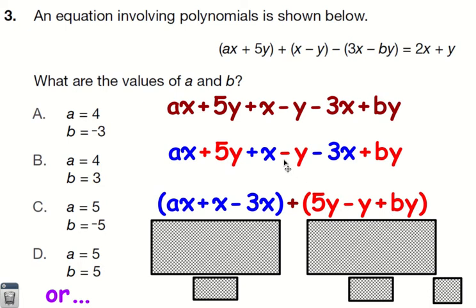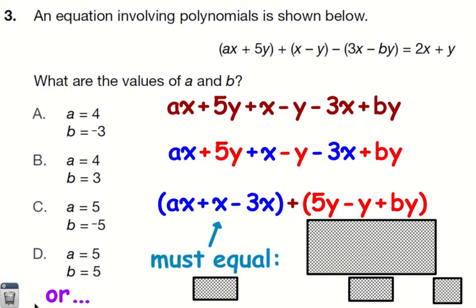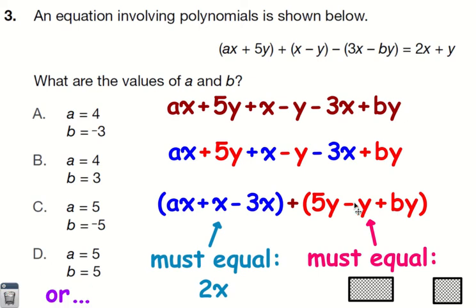And I hope by now you know what my strategy is, because all of this is supposed to just equal this side, the 2x plus y. So all of this needs to combine together to equal what? All the x terms are supposed to combine together to equal the 2x over here, and all of these y terms are supposed to combine together to equal the plus y, the plus 1y, if you want to think of it like that.